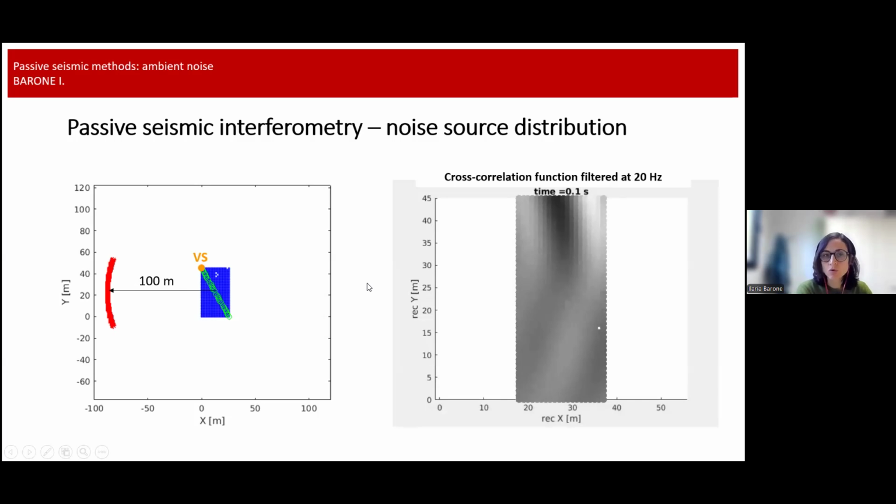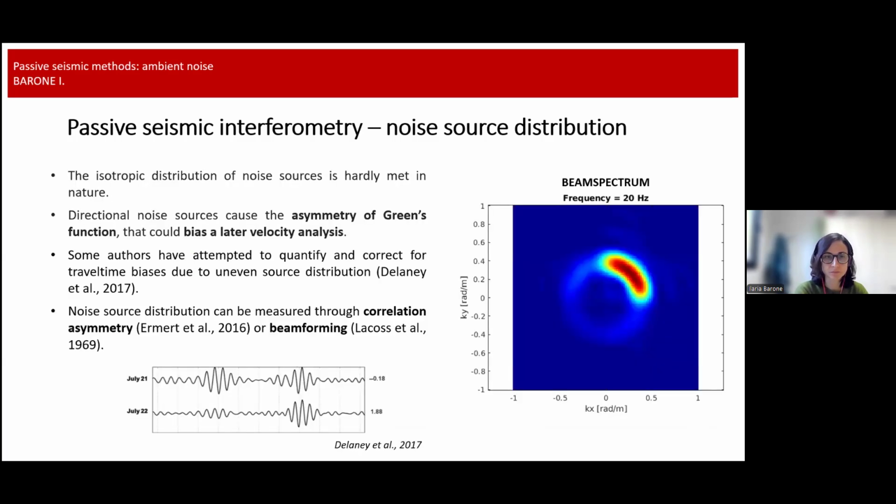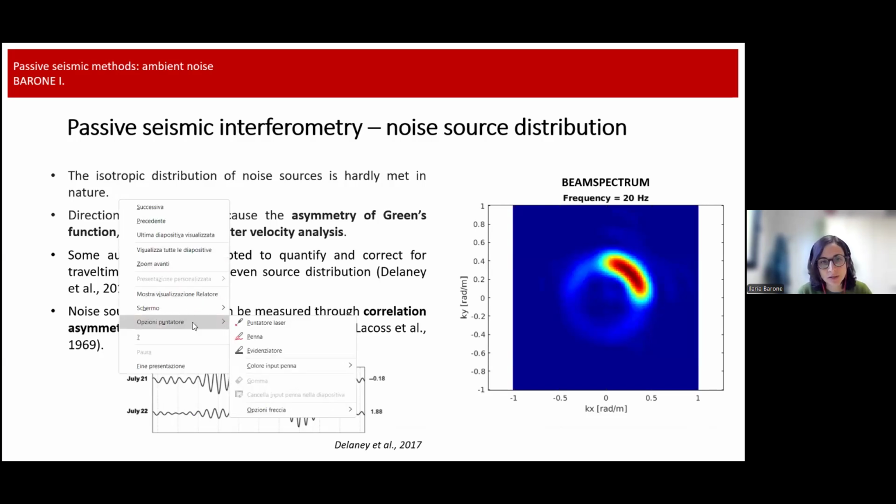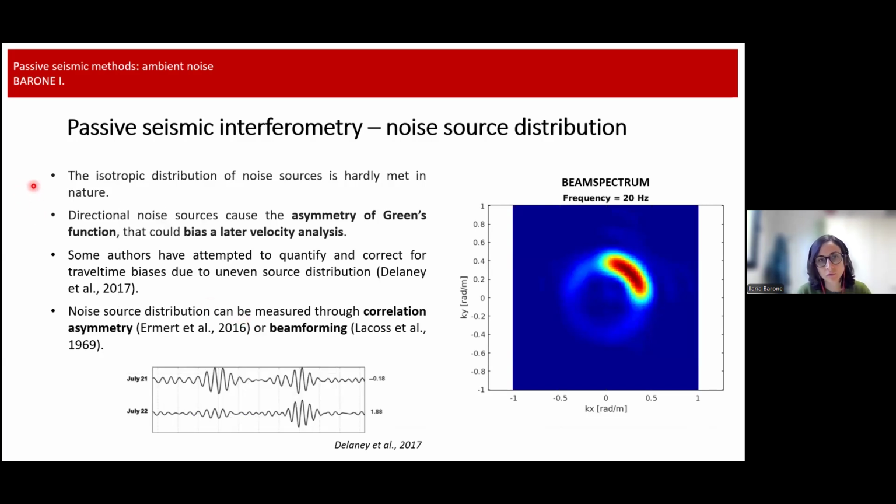So this is a demonstration that we really need to have sources everywhere, covering all possible azimuths. But in nature, this kind of distribution is not happening, or its condition is hardly met. Especially, we cannot control it.